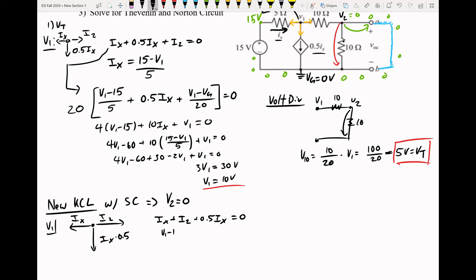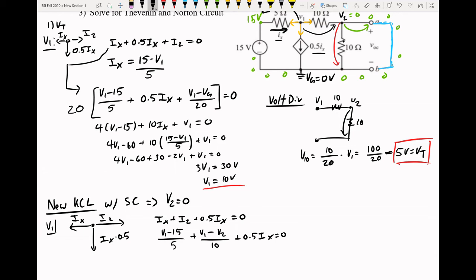So v of 1 minus 15 over 5 plus v of 1 minus now v of 2 over 10, because we're crossing over 10 ohm resistance. And then we'll do plus 0.5 I of x is equal to 0.